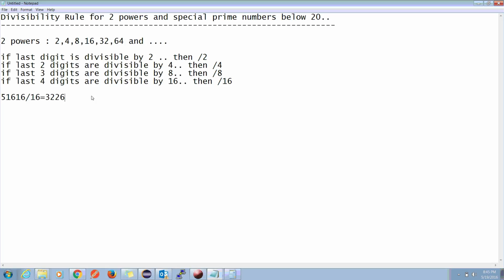So that is the formula. But you need to identify whether the last digits are divisible by 16 or not. Thus this list goes on. If the last 5 digits are divisible by 32, then that number is divisible by 32.